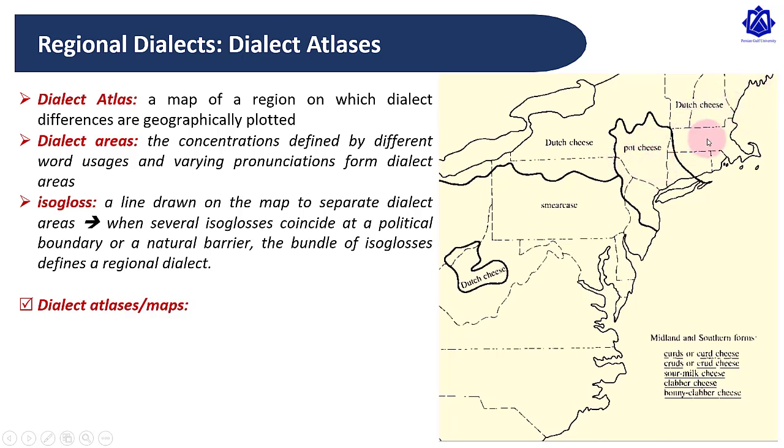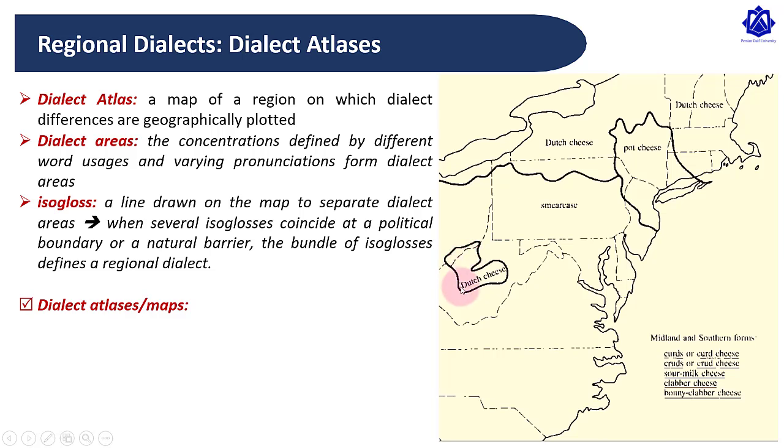It's very similar to what we talked about when we were talking about lexical differences between words in Bushehr. And you see that here it's mostly "smearcase" and "dot cheese" that are used in these places, but then there is a block here separate from others in which "dot cheese" is used.